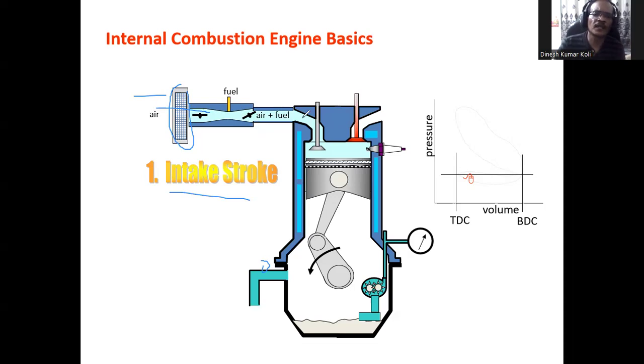The inlet valve will open, the mixture will enter this portion, and the piston will move from TDC to BDC. You can see the pressure is constant, 1 atmospheric pressure. It is not changing, but the volume is increasing from TDC to BDC. So the intake stroke is shown here in this diagram.